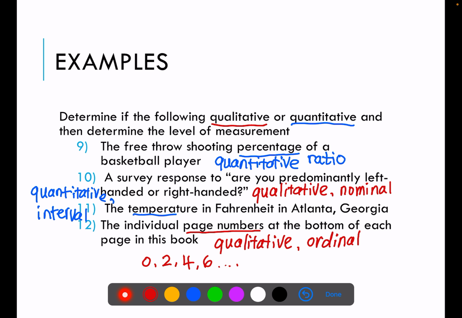Those are numbers, but they are qualitative data, because it's an assignment of the page or of the size. So a page number can also be written as page 1, page 2, page 3, and so on. That's how we understand that it is a qualitative data type.